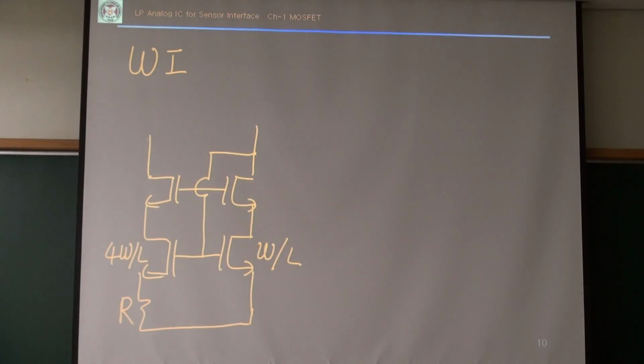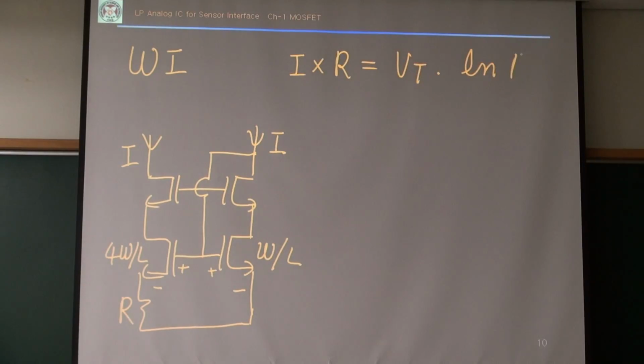Then the same current flows by the PMOS current mirror. Then the VGS of this thing should be the same, right? So IR drop equals VT log 4, right? NVT log 4. So what's my GM? GM of this transistor is actually I over NVT.